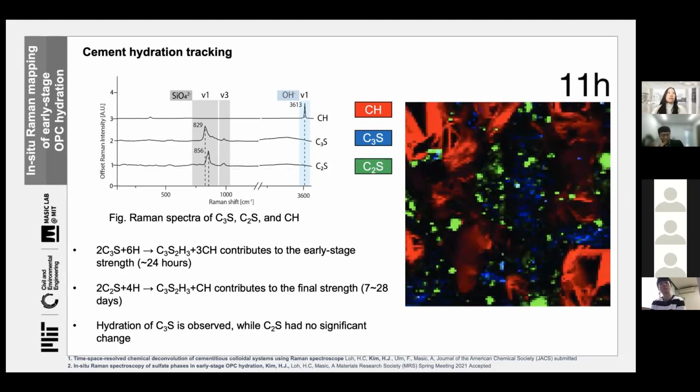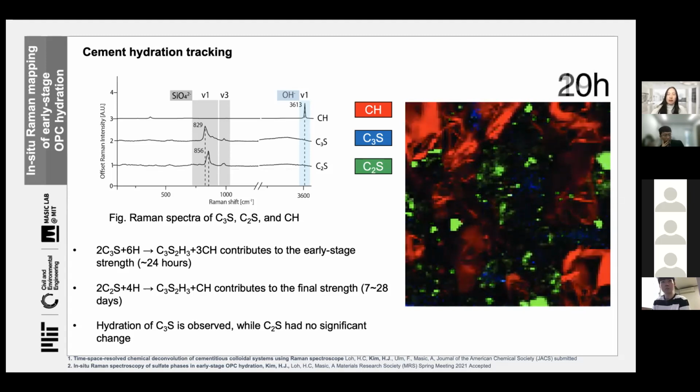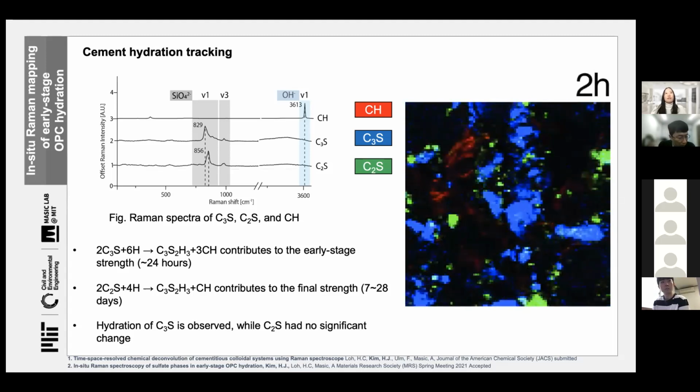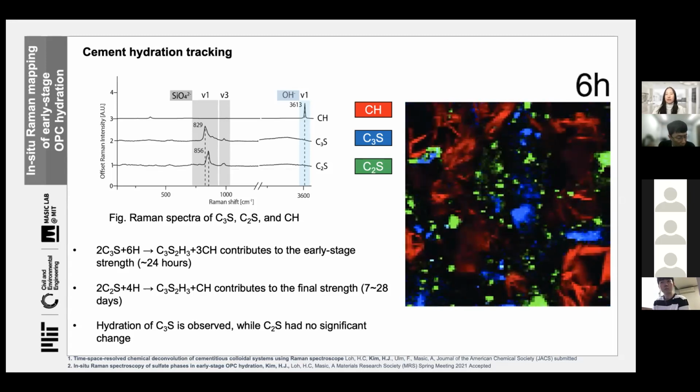With Raman mapping results, it can be confirmed that C3S is consumed by hydration reaction and produces calcium hydroxide as time goes by. But C2S belite has no significant changes because it contributes to the later strength of the concrete.